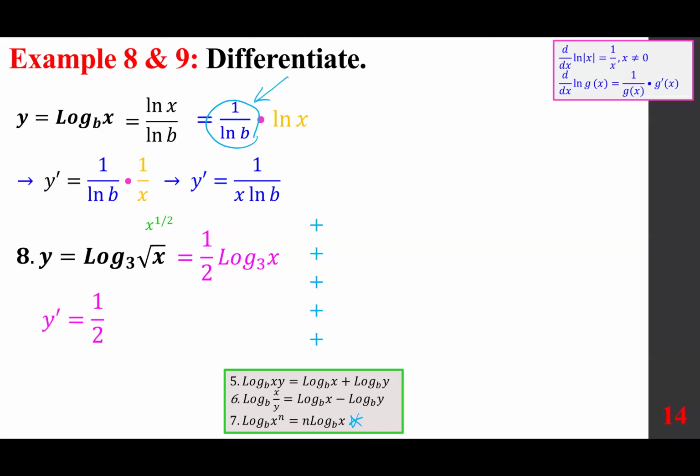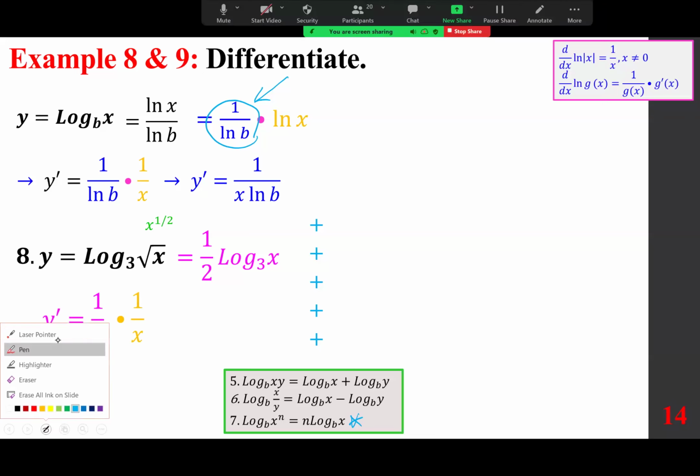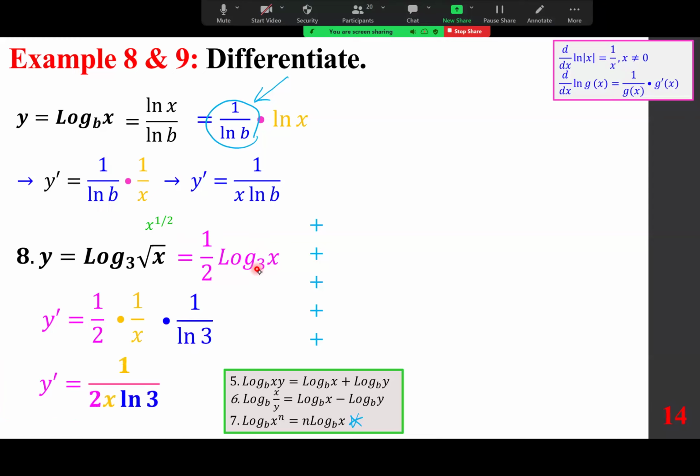I need the 1/2. It's not going anywhere. I'm dealing with log, so I'm going to flip it over. I'm dealing with a base other than e, so I need 1 over ln b. That means 1 over ln 3. And I'm done. I'm going to just rewrite it as 1 over 2x ln 3.